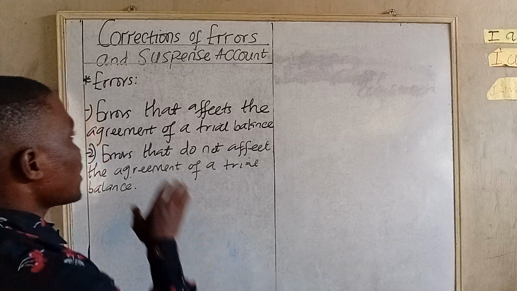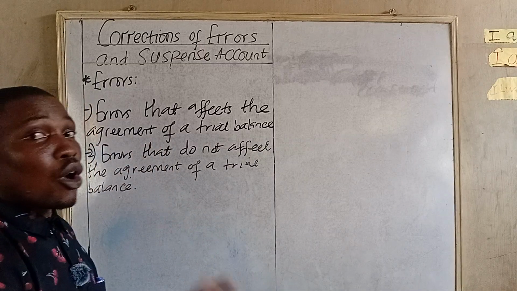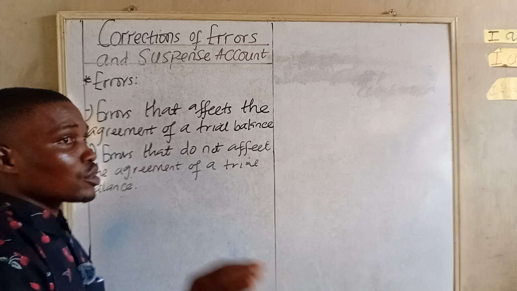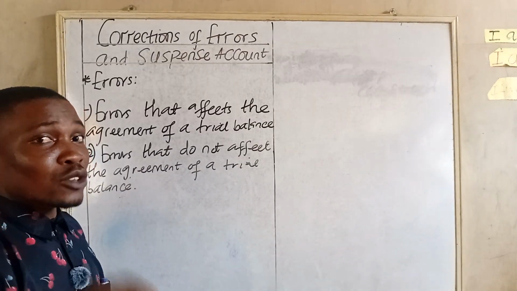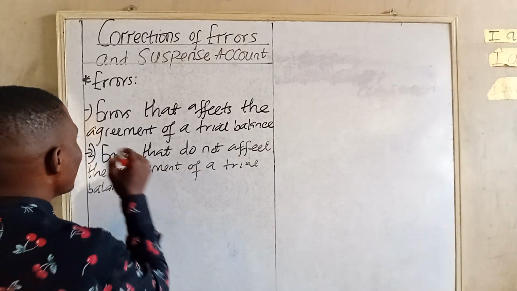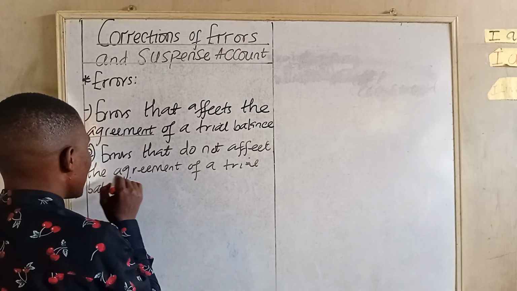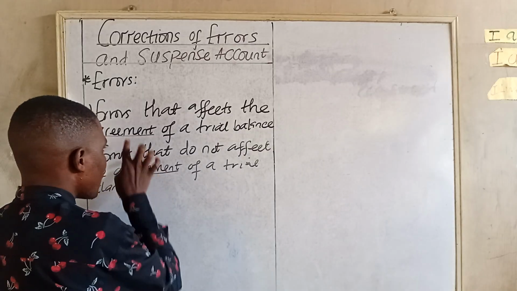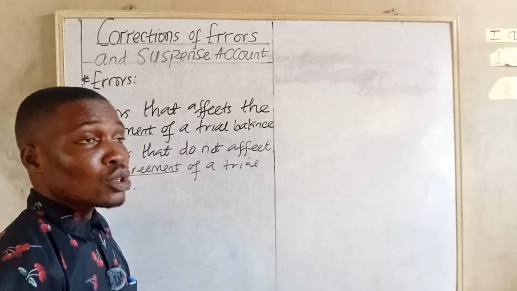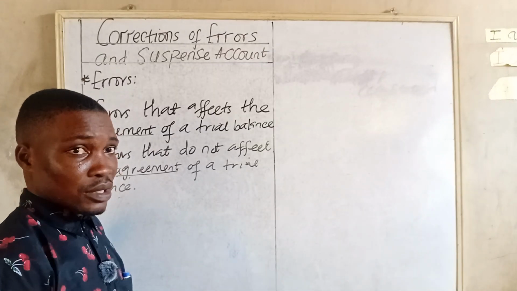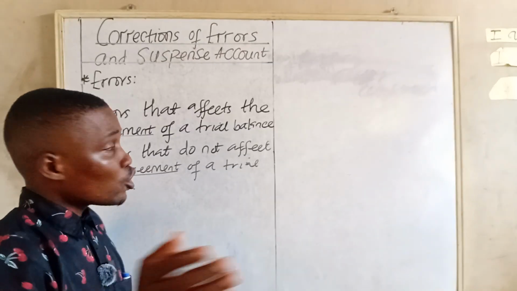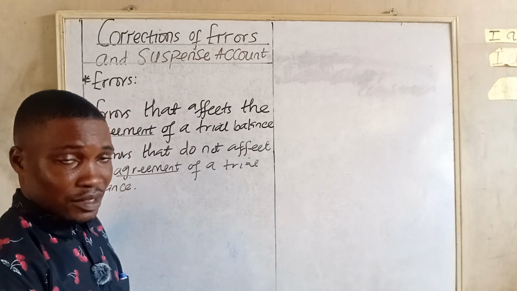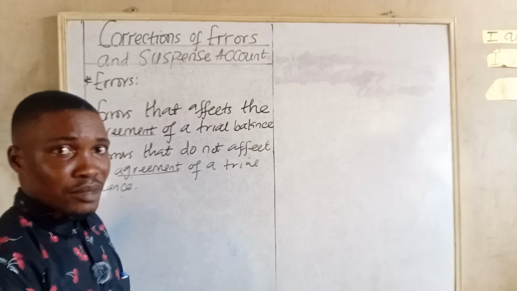Now, what we are saying here is that all errors affect trial balance. But take note of the word agreement. Because you might commit some errors and your trial balance will still balance. Are you getting me now?